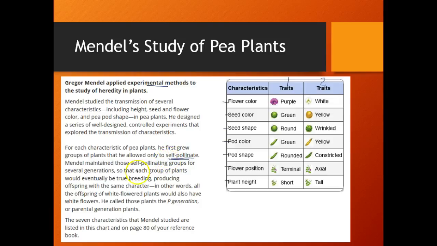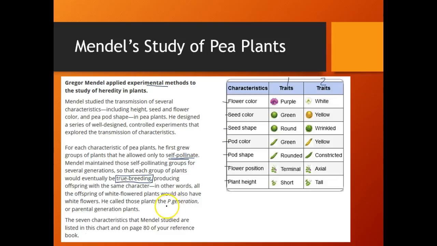And so the reason why he did this was so that he would make sure that each of these plants were true bred. So they're only producing offspring with the same character. So if the plant had purple flowers, they would always produce offspring with only purple flowers. And so he knew that he had a pure or true bred plant when he was starting.